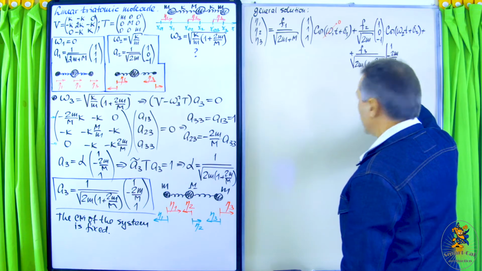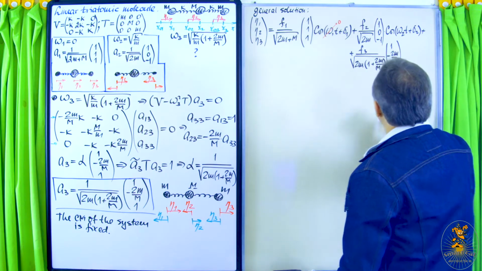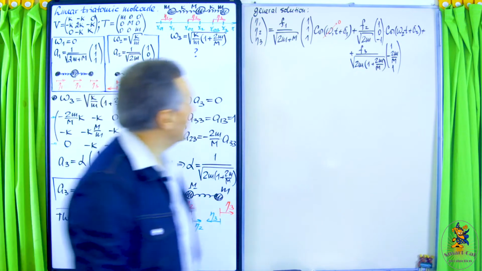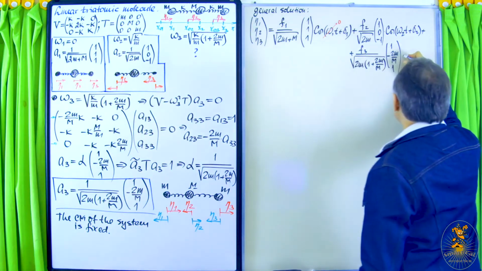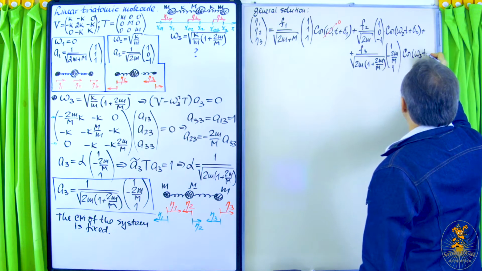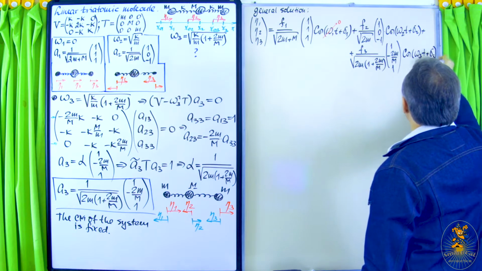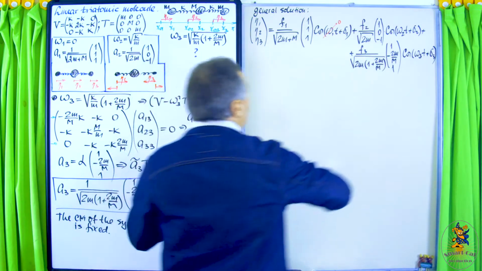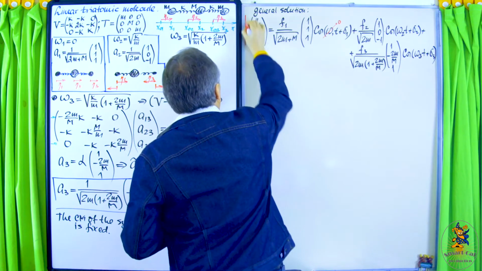This ratio of 2m small over m capital is almost everywhere in the third mode. And time dependence, cosine omega 3t plus delta 3. So that's the general solution of the system, right?